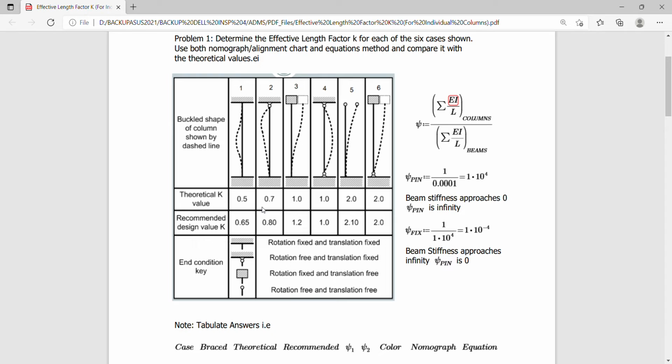So for the first step, we need to calculate the relative stiffness of the ends of the columns.